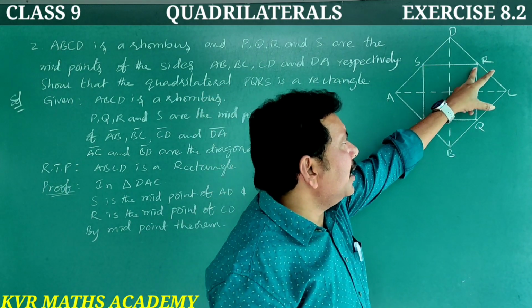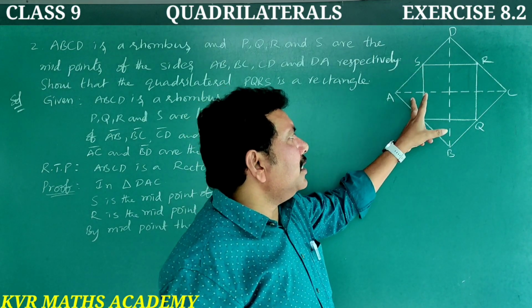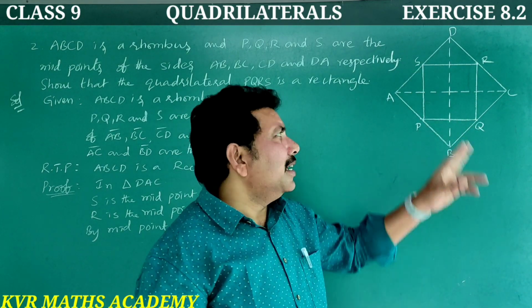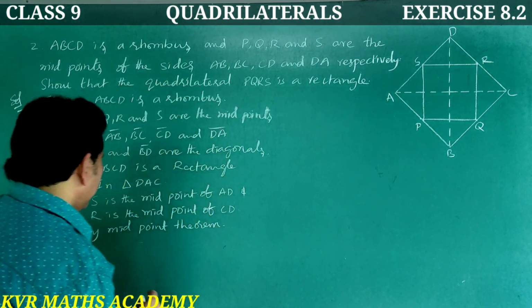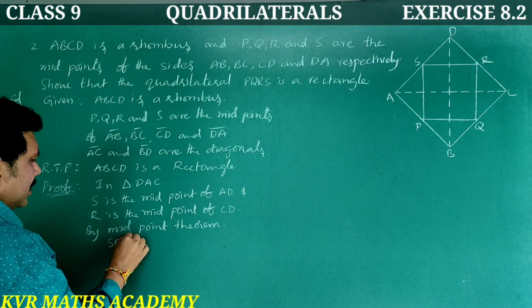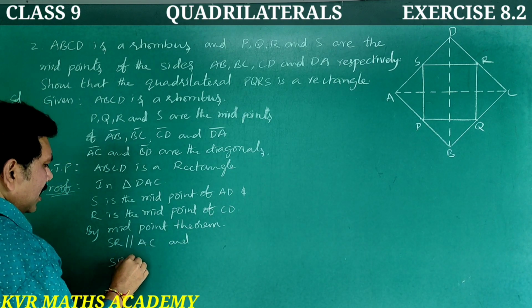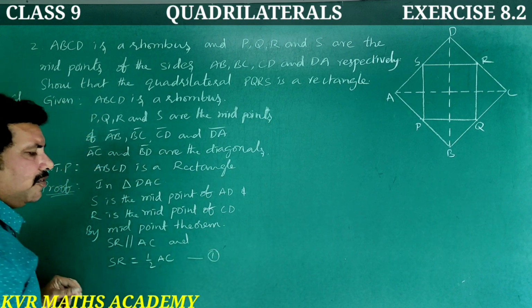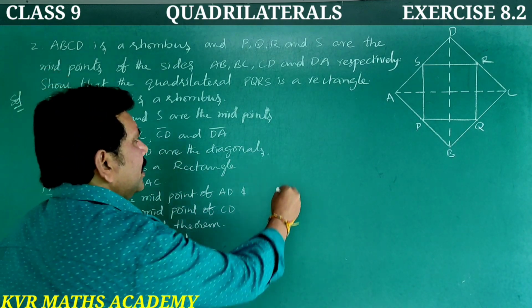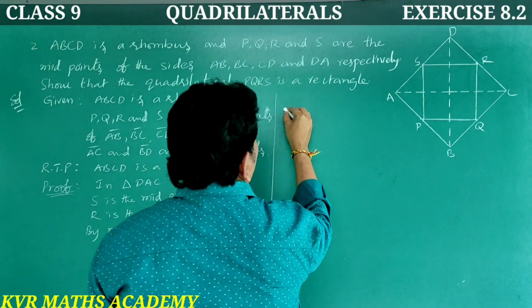So here SR is parallel to AC and SR is half of AC. This is equation number 1. In the same way, consider the triangle BAC.